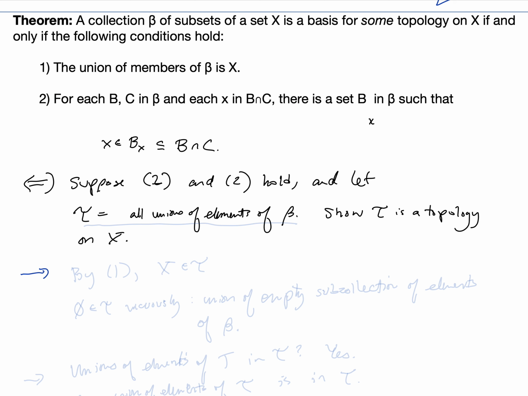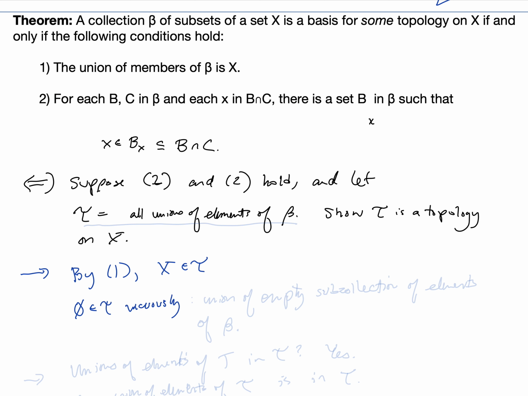So what do we have to show? First of all, we have to show that the entire set X and the empty set are in tau. By 1, it's immediate that X is an element of tau, because X is a union of elements of beta. Now, what about the empty set? The empty set is in tau vacuously.